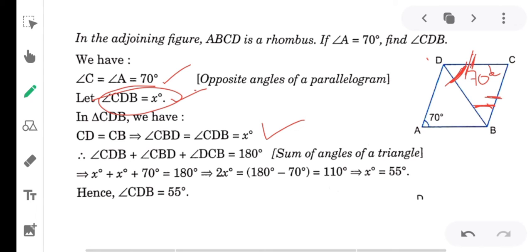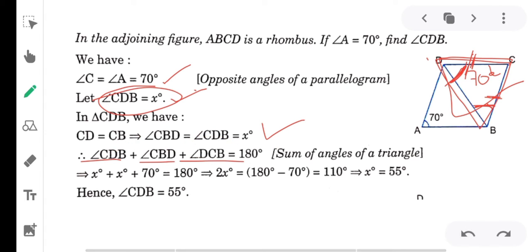The sum of the angles of a triangle is 180 degrees. So in triangle CDB, we can write angle CDB plus angle CBD plus angle DCB equal to how much? 180 degrees. Angle CDB is x degrees and angle CBD is also x degrees, and angle DCB is 70 degrees.